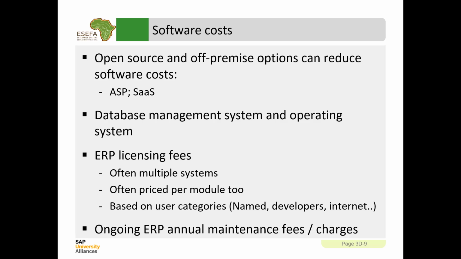Yes, so there are maintenance charges that are embedded. There are upgrades that may be paid for, or there's a new feature that needs to be paid for, so you can do that. So all these are assumed to be the software costs that are involved in the ERP.